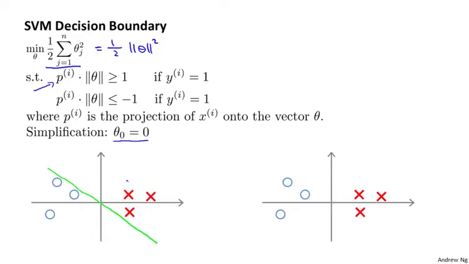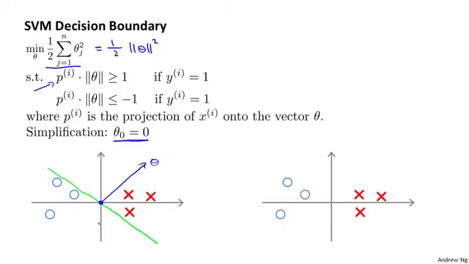Let's see why the support vector machine will not do this. For this choice of parameters, it's possible to show that the parameter vector theta is actually at 90 degrees to the decision boundary. And so that green decision boundary corresponds to a parameter vector theta that points in that direction. And by the way, the simplification that theta 0 equals 0 just means that the decision boundary has to pass through the origin 0, 0 over there.